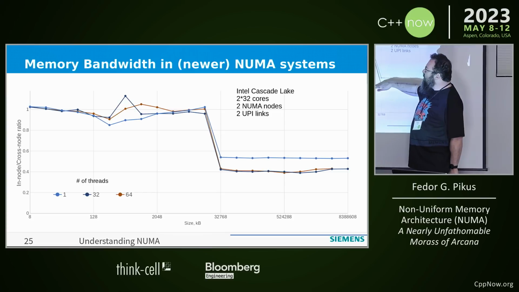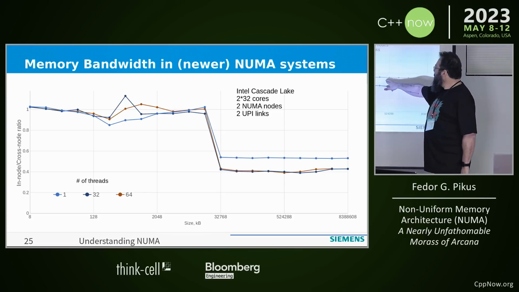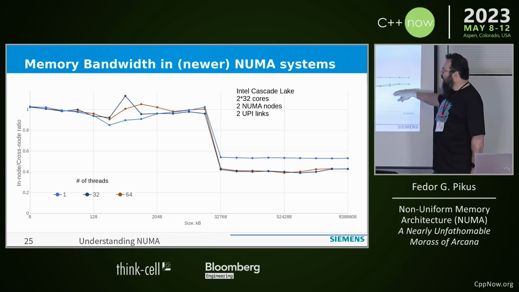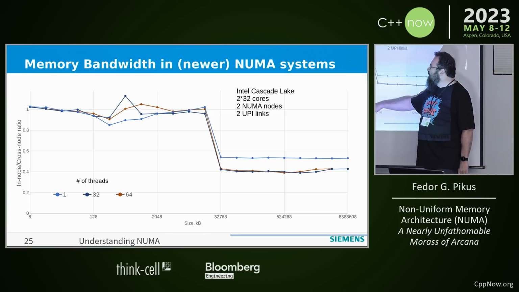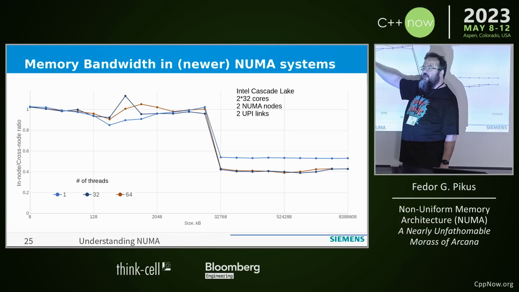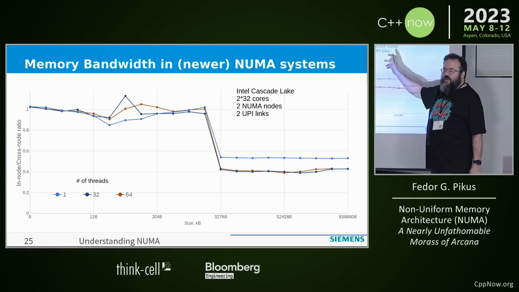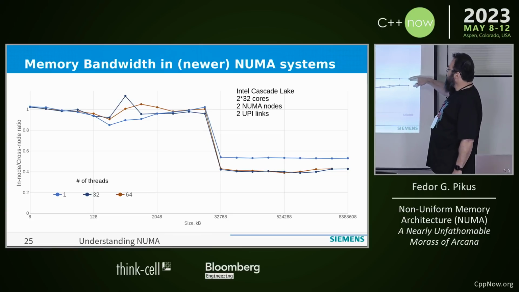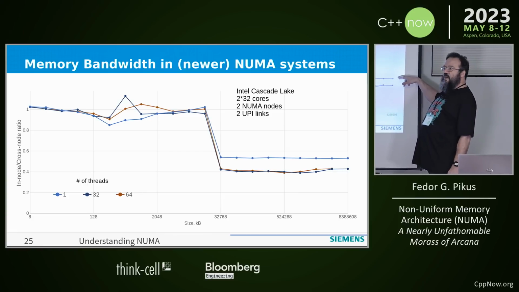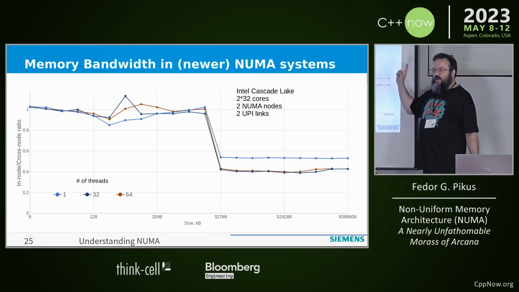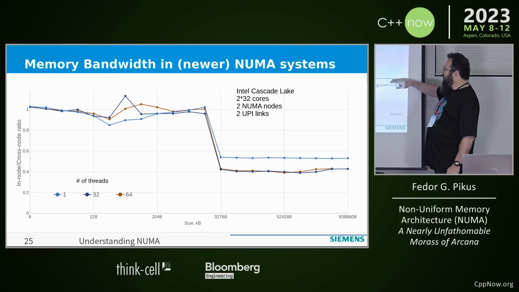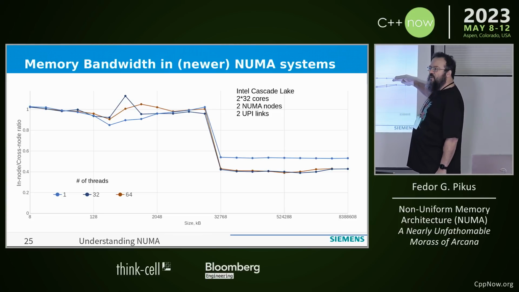Same thing, in-node to cross-node ratio. Even for one thread, after you're out, it has a bigger L3 cache. So the transition was here on the previous slide, now it's here. It has a much bigger L3 cache. But after you're out of cache, you get just over half of the bandwidth across nodes for a single thread. Cross-node bandwidth is half of in-node bandwidth.